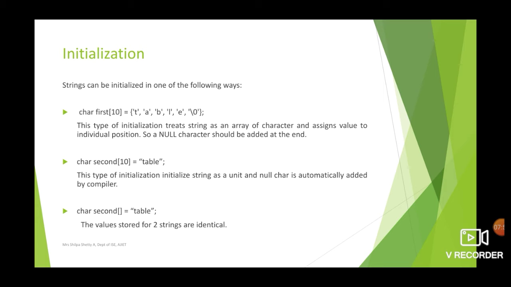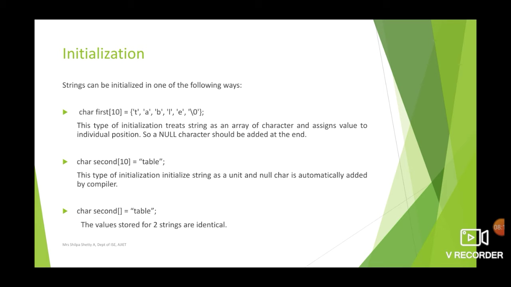Now let us look at one more way of initializing the string: char second[] = "TABLE". The only difference between the second one and the third one is that in the third one you have not mentioned the size. When you do not mention the size, the compiler will see how many characters are in the string and determine the size of the array based on that.